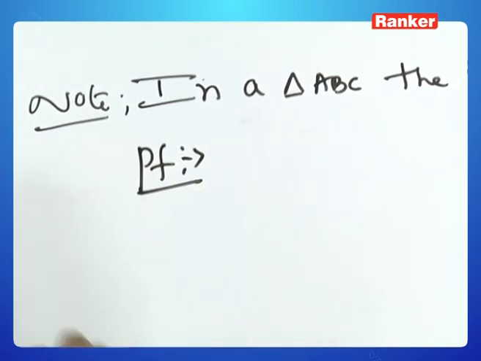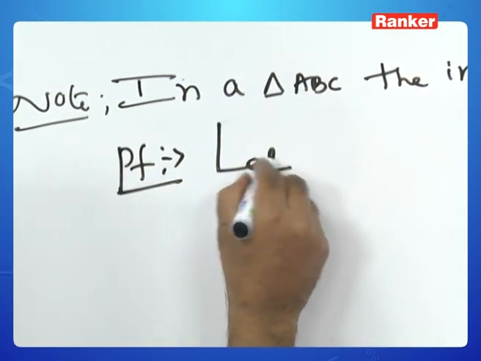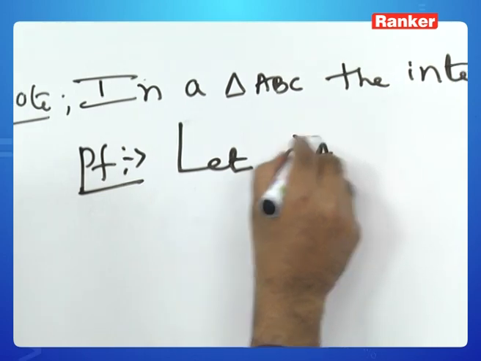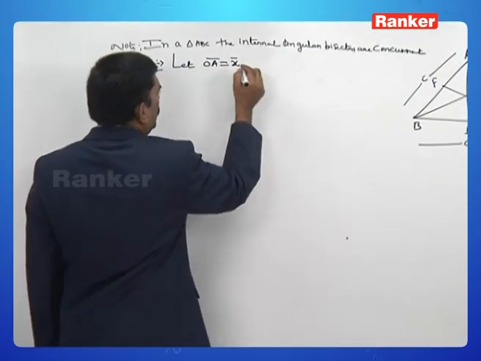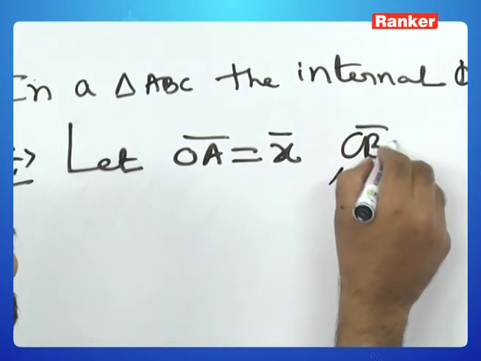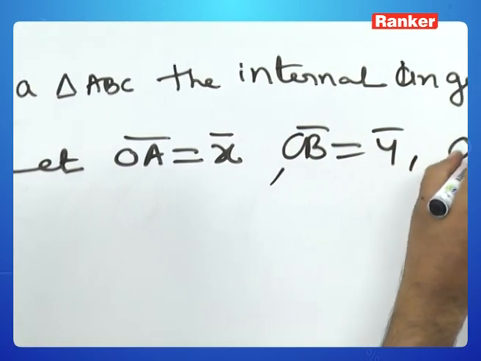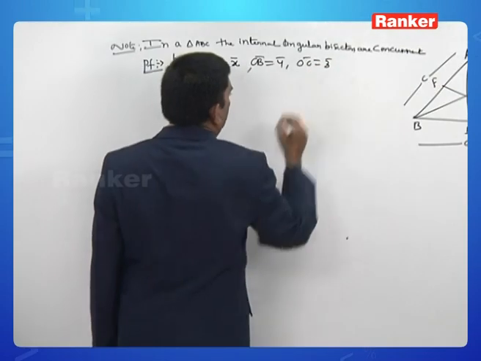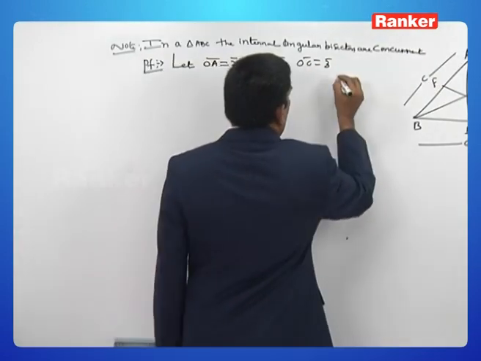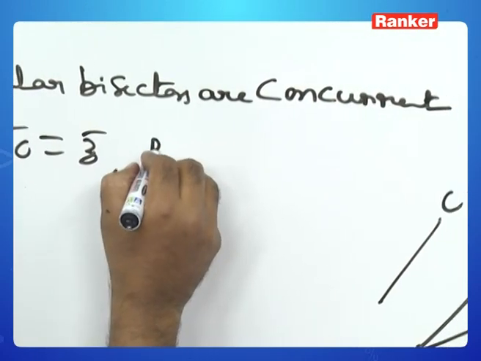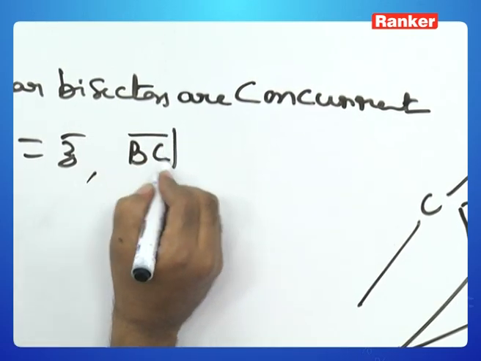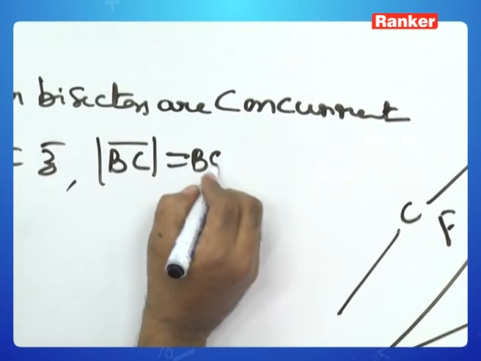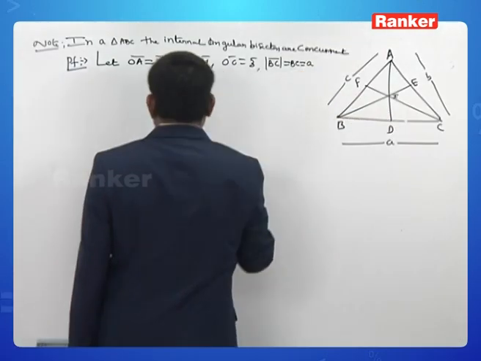Look here. Let OA bar be equal to X bar, OB bar equal to Y bar, OC bar equal to Z bar. Also, modulus of BC, or BC, is equal to a.